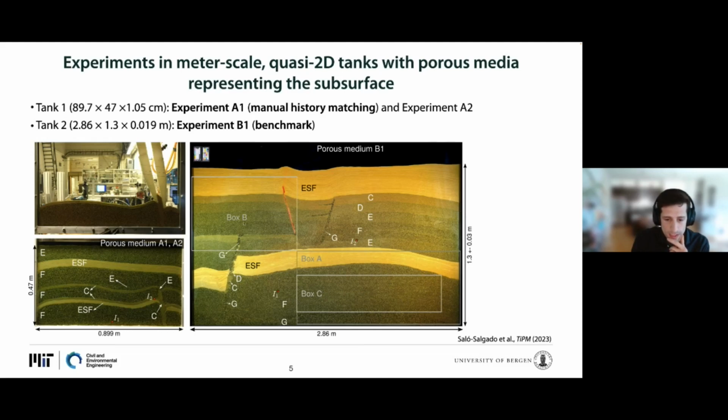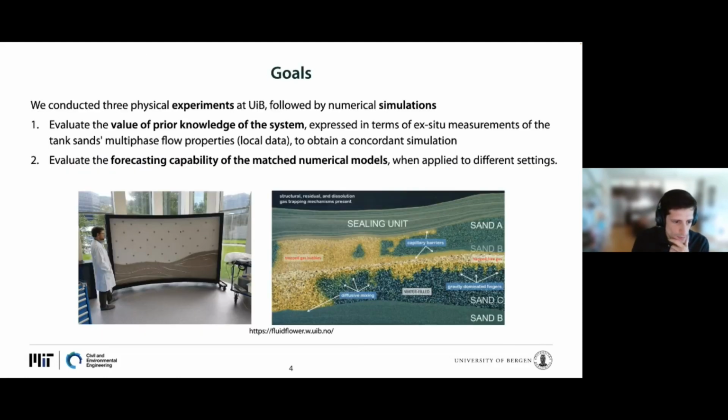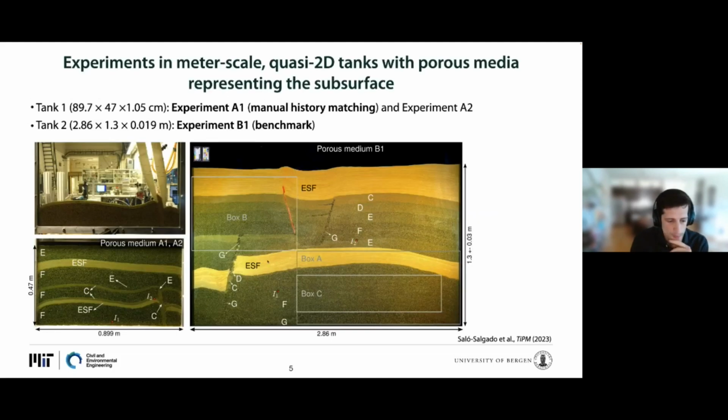And for example, this porous medium here to the right intends to be representative of the structure of subsurface reservoirs in the North Sea. Another thing that the FluidFlowers allow, due to the large number of perforations in the back panel in this case, is to represent realistic injection and monitoring strategies.